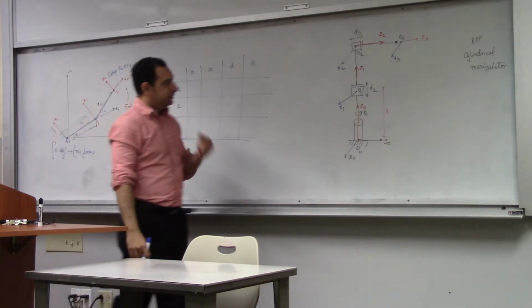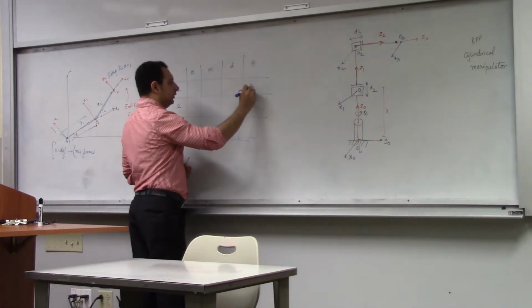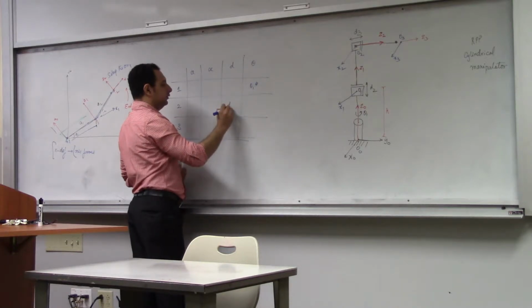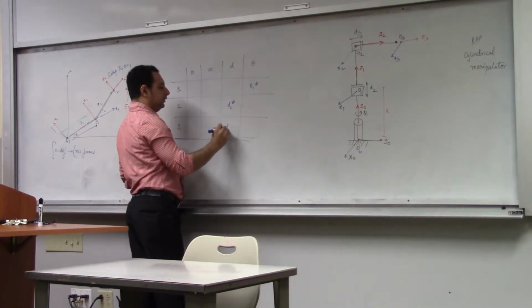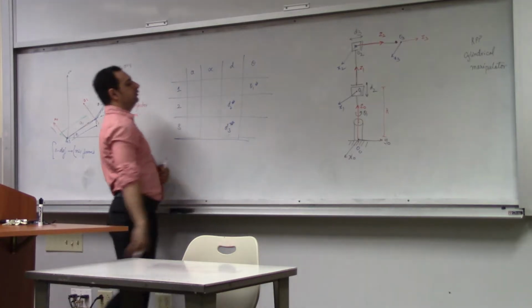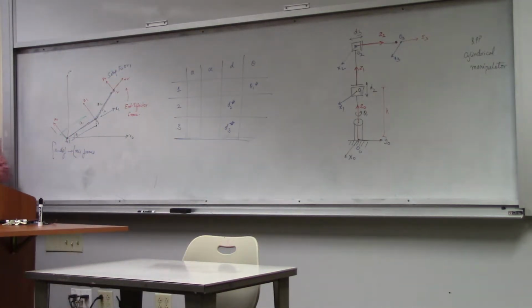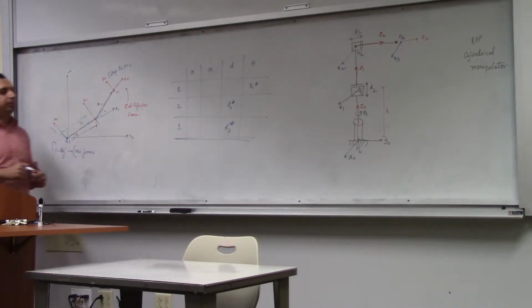Okay, so in this case, obviously, θ1 is variable, D2 is variable, and D3 is variable. All right, find the other parameters. Write down the other parameters.